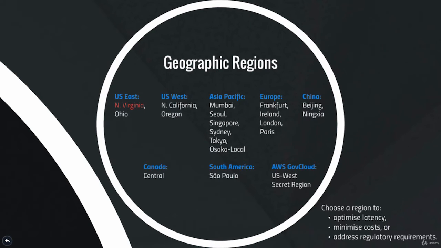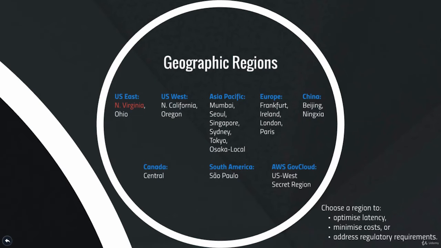Your choice of region can depend upon a number of things. You may want to have the lowest latency, and you want your server to be located as close to your customers as possible. But you may also want to minimize costs. For example, I'm located in Sydney, but I mainly use the North Virginia region because it is cheaper for me.